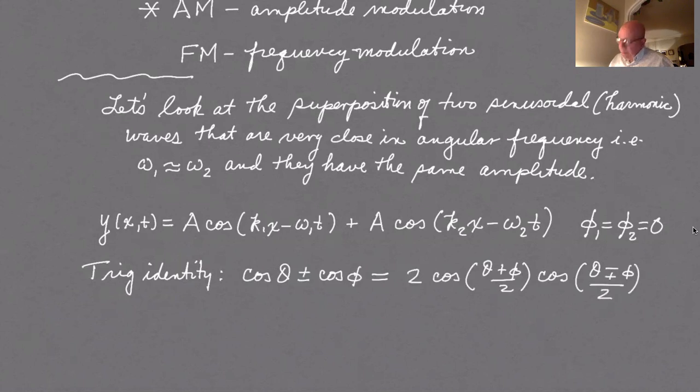And so then what we get is y as a function of x and t. It's going to be 2 times a.